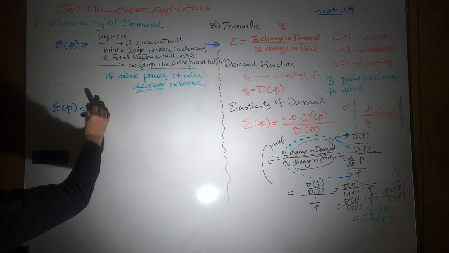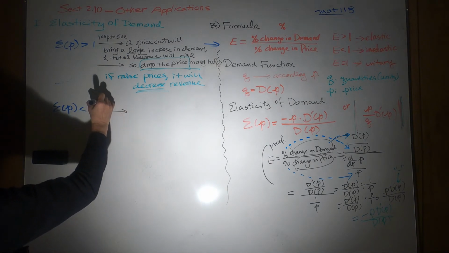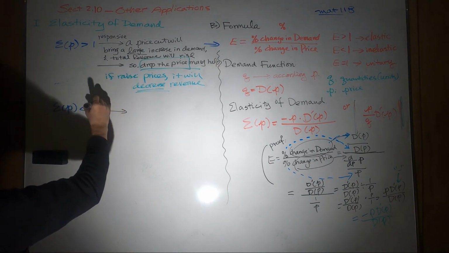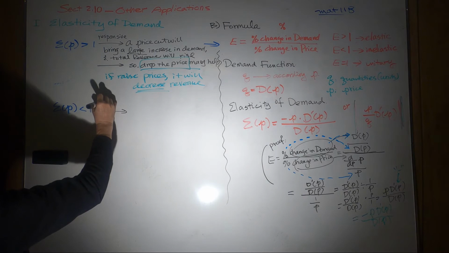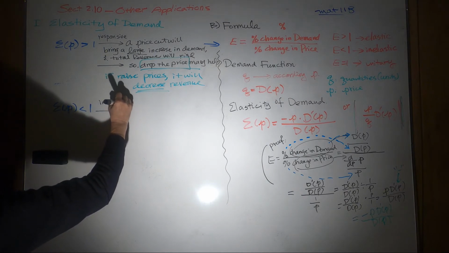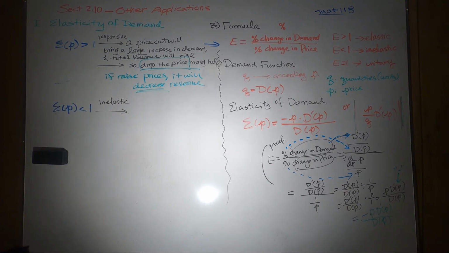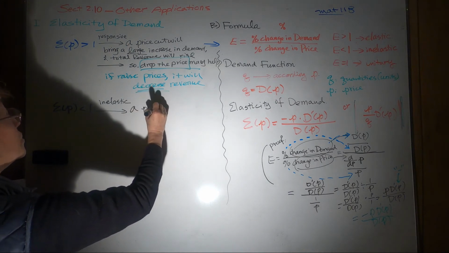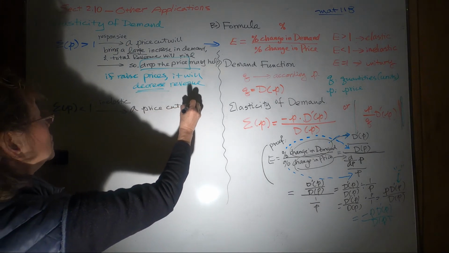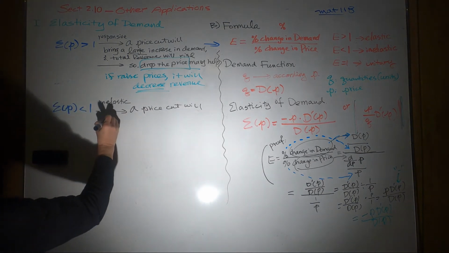So if it's less than 1, it means what? Inelastic, right? The demand is not so responsive, so it's inelastic. Then, what do you think? So if you cut the price, right? A price cut will bring what?